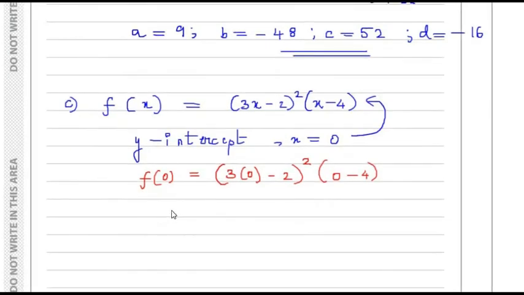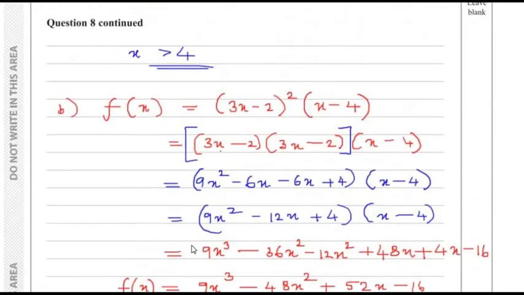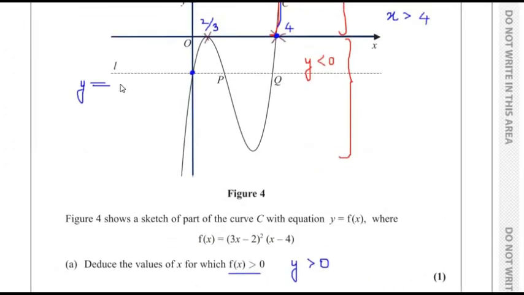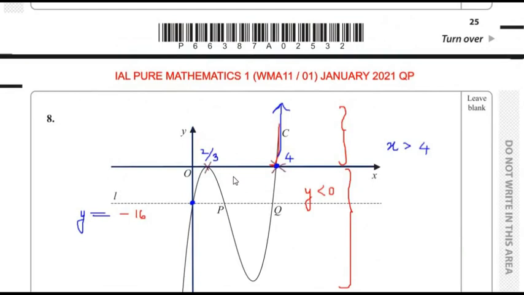So the y coordinate is negative 2 square times negative 4. So this is 4 times minus 4, which gives us y coordinate as negative 16. And this is also the equation of the line above. This is y equal to minus 16, since it is parallel to the x-axis.